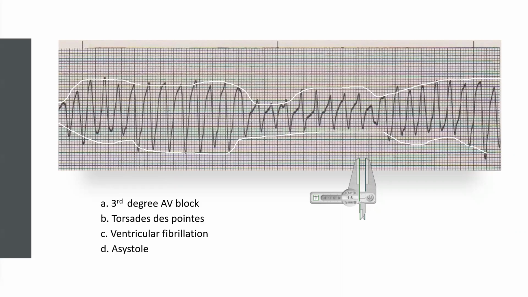The treatment is with IV magnesium and measures to shorten the QT interval. If the patient becomes unconscious in torsades de pointes, the patient therefore must be defibrillated. So that's the intervention of a patient with torsades de pointes.